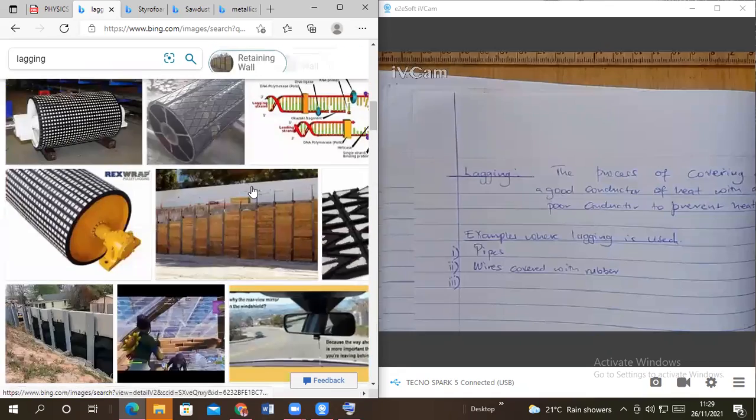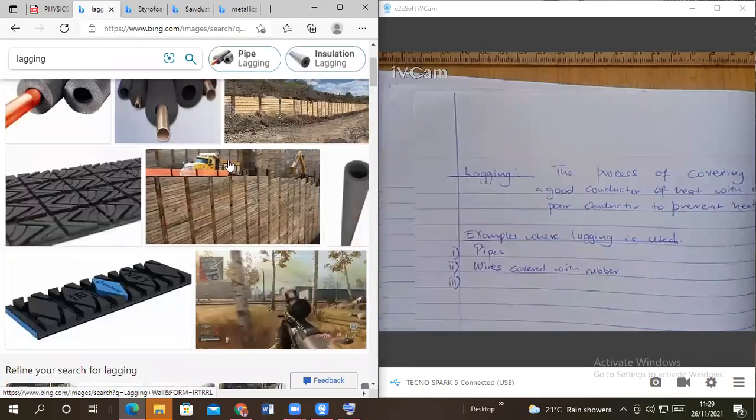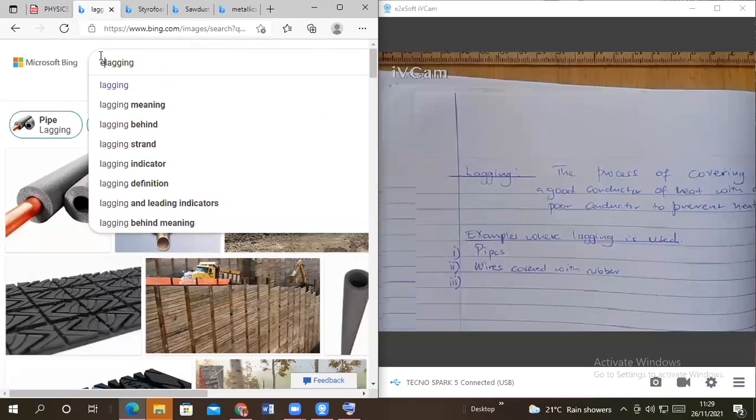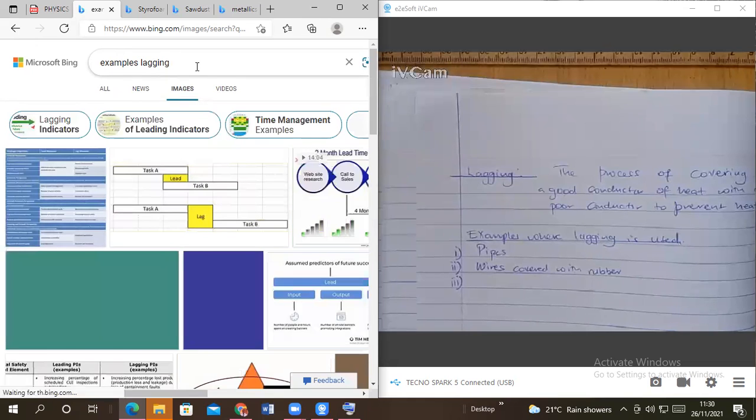So that's why they are covered with rubber. You can say examples of lagging materials.